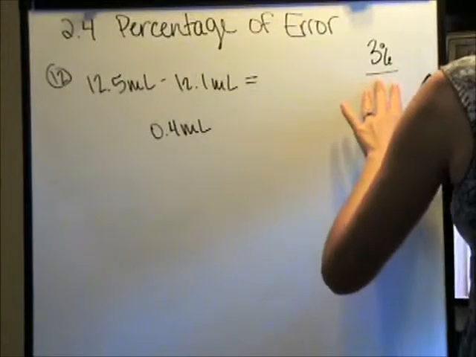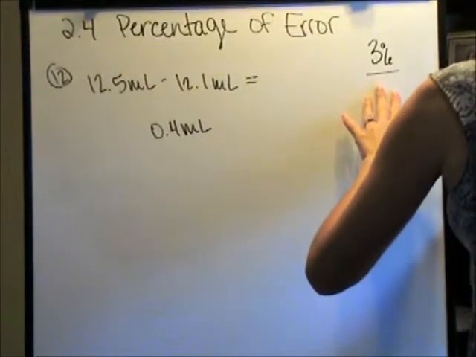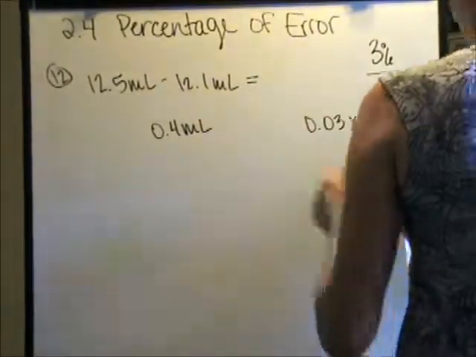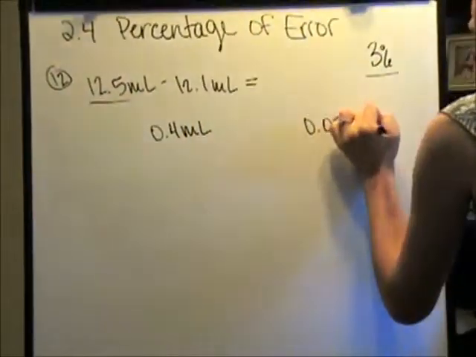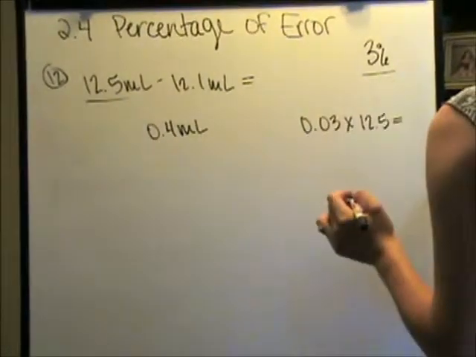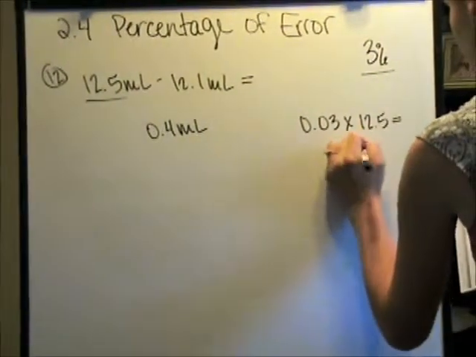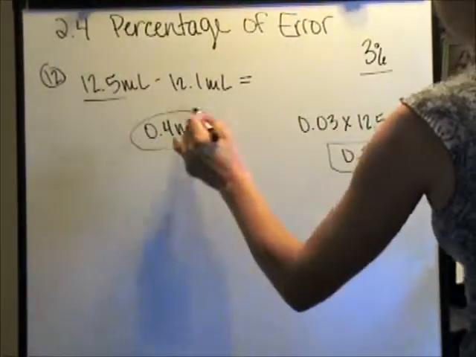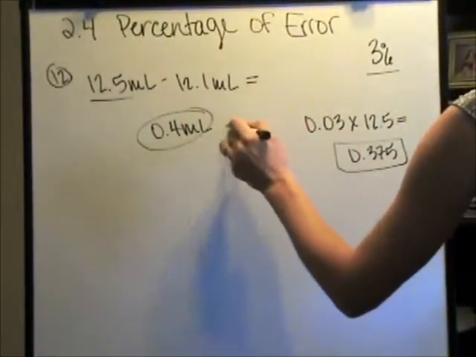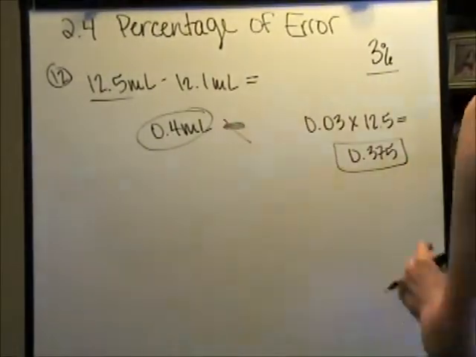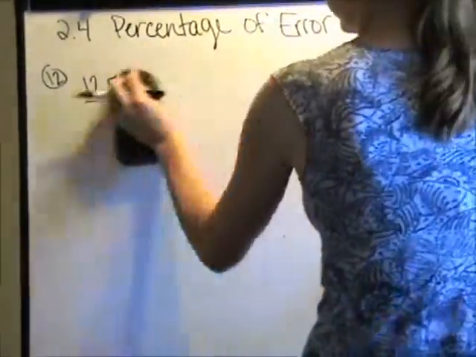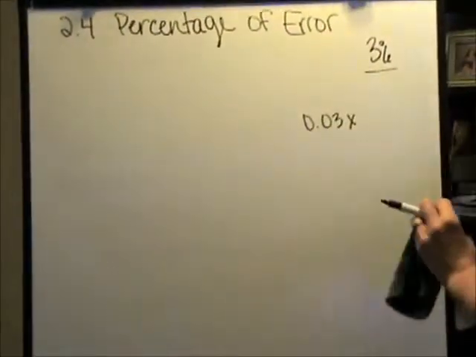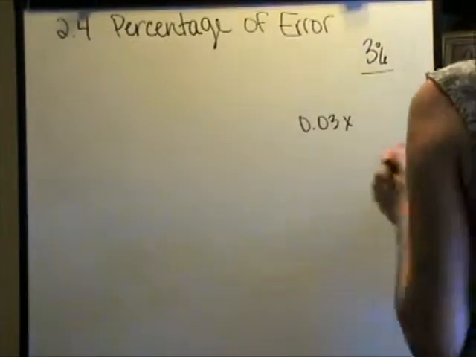Now we need to calculate what our 3% margin of error is going to be, so we know 3% is 0.03 times our measured amount, which is 12.5, and that's going to work out to 0.375. And if we look, we know that 0.4 is greater than this, so this is not within the margin of error. Let's look at another one, number 14.